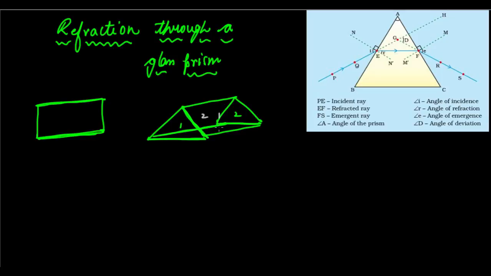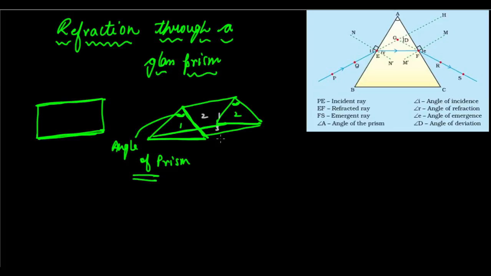So this is the structure of a glass prism. And the angle between these two triangular lateral sides, these two angles are called the angle of the prism.